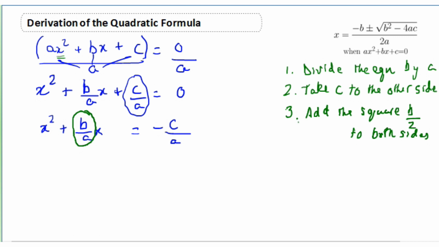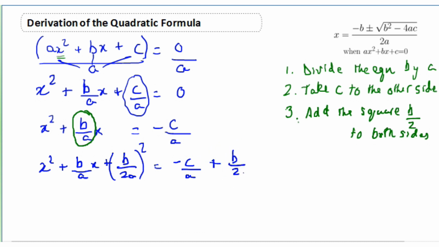So let's see what the equation becomes now. It becomes x square plus b over a x plus b over 2a whole squared, and since we are adding that to the left hand side, we have to do the same to the right hand side as well. So minus c upon a plus b upon 2a whole squared.